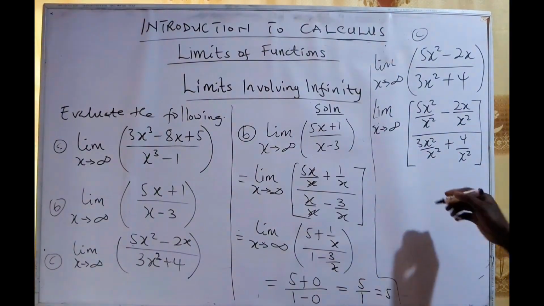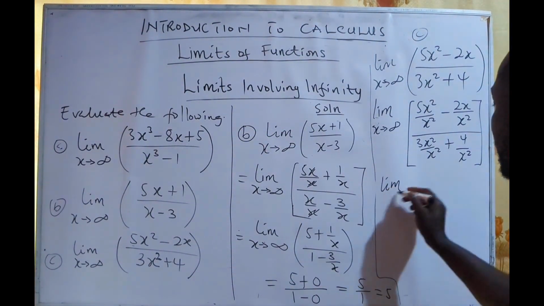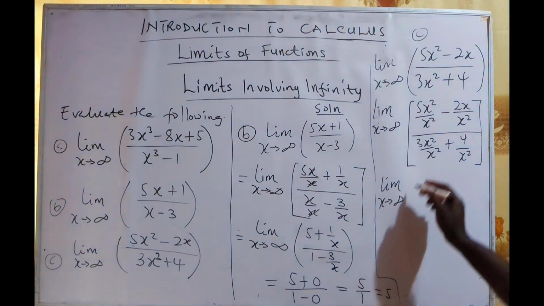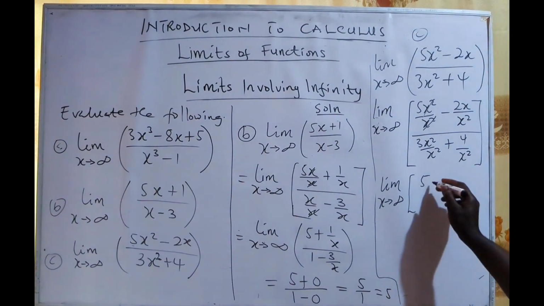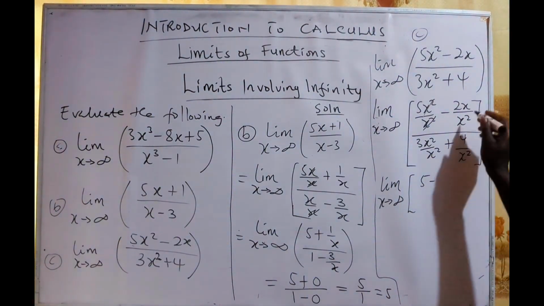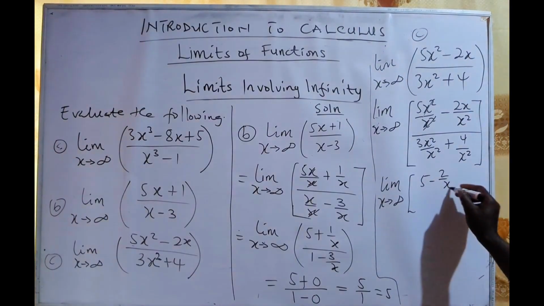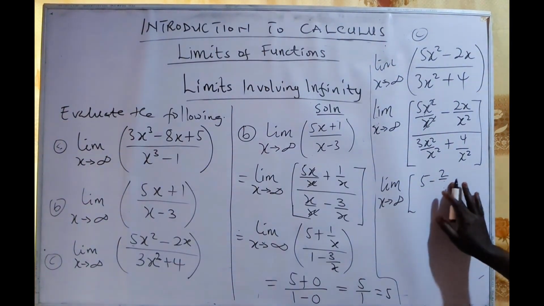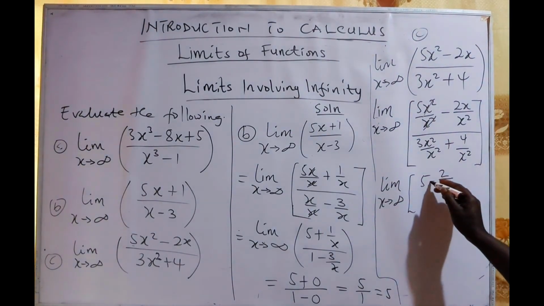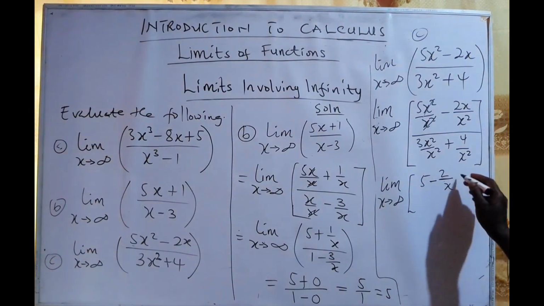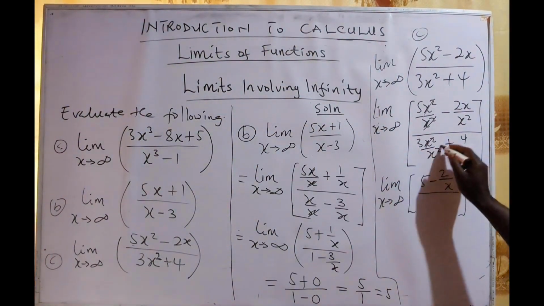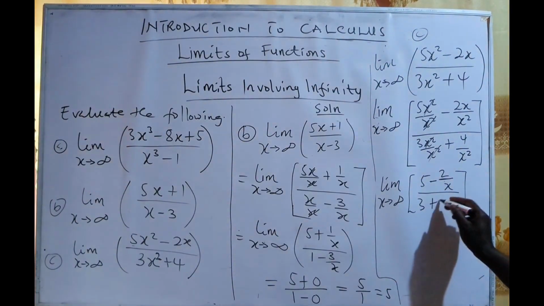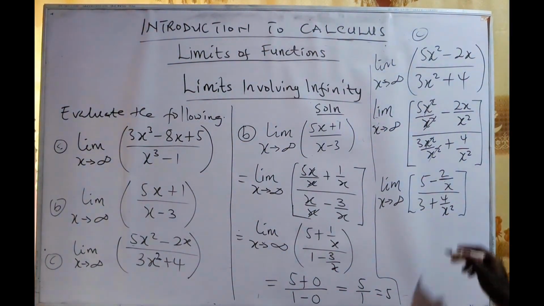So we divide through by the highest power of x. So x approaches infinity. We have 5, 2 over x squared will give us 2 over x. Okay. All divided by s squared cancels. So I have 3 plus 4 over s squared.